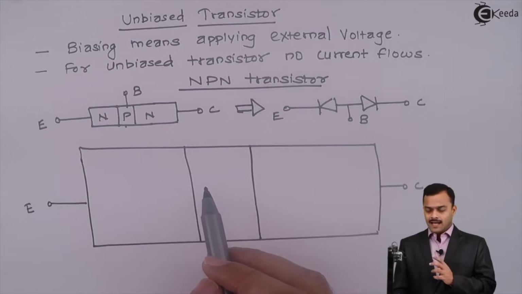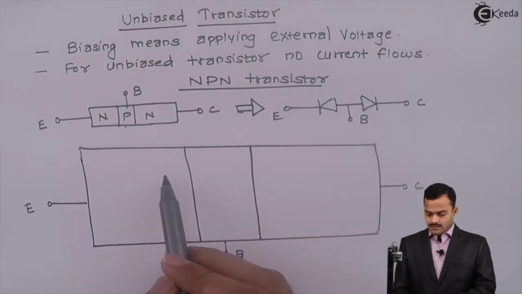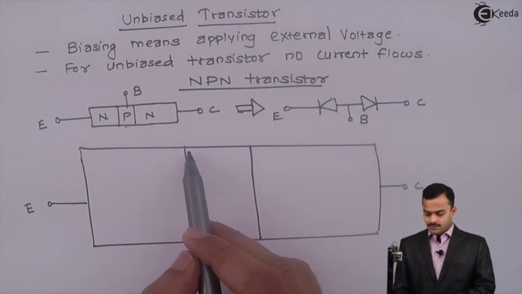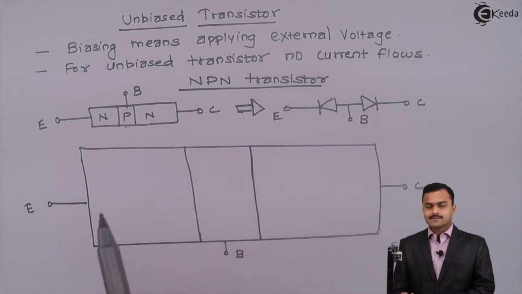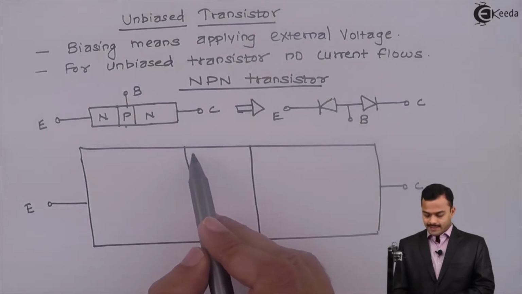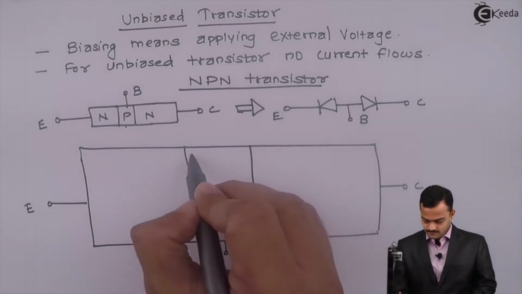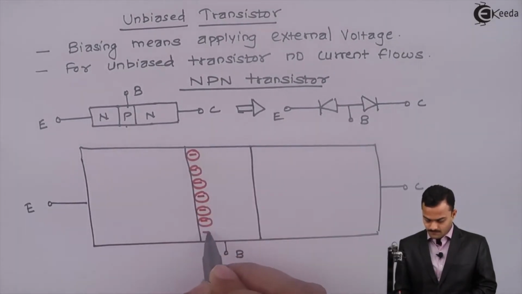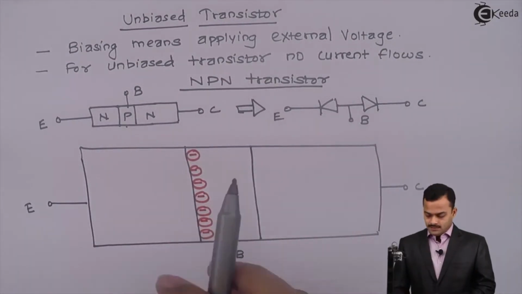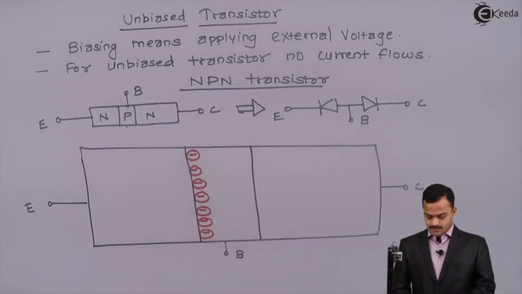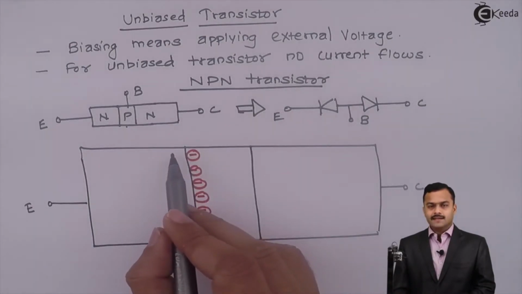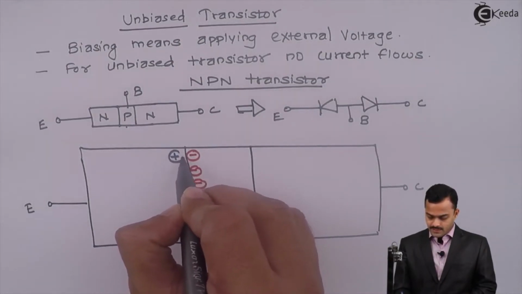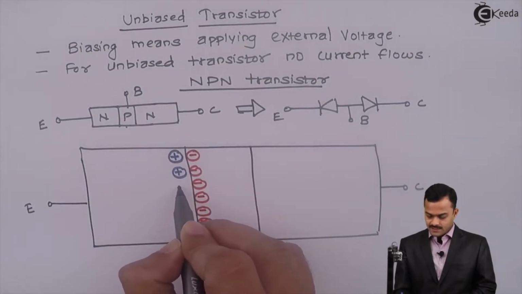Just like a diode, electrons near this junction try to recombine with the holes near the junction of the base, and you get a negative ion over here. Similarly, some holes from the base try to recombine with electrons near the junction, giving positive ions over here, just like a diode.